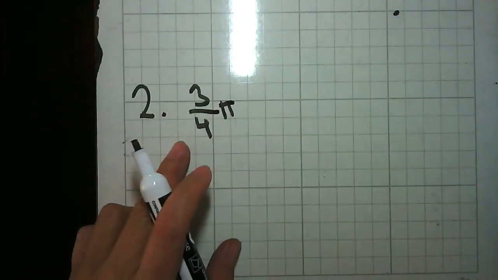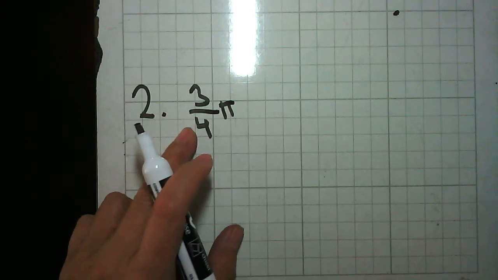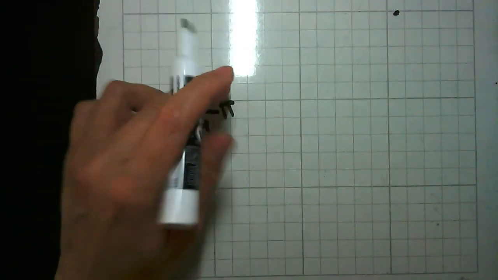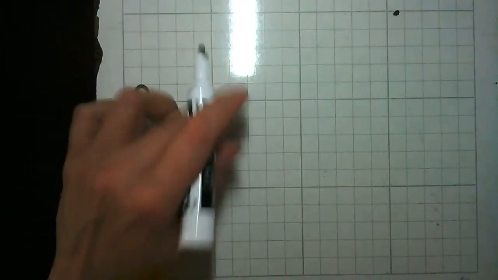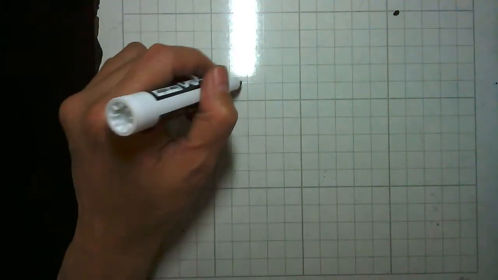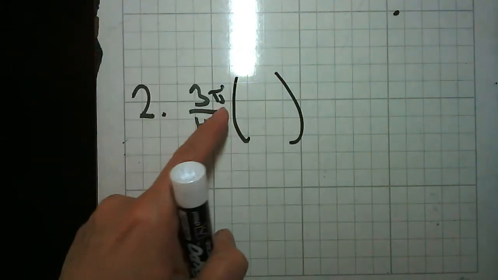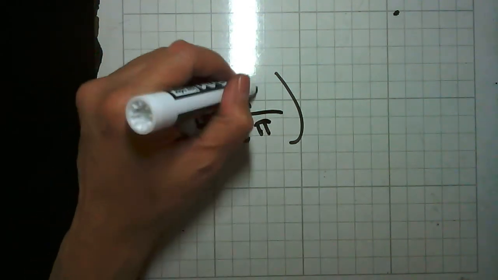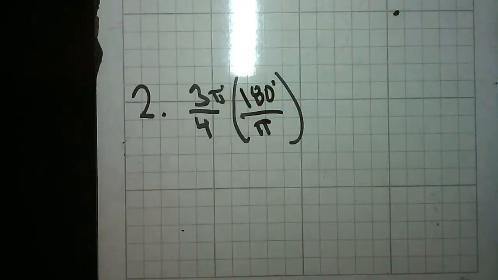Okay, the next example, suppose we have something in radians and we want to convert it to degrees. So again, here we're going to use this. I want to put this on top, and we're going to use our conversion factor. I want to get rid of this pi, so we're going to put the pi on the bottom, and we're going to be left with degrees on top.